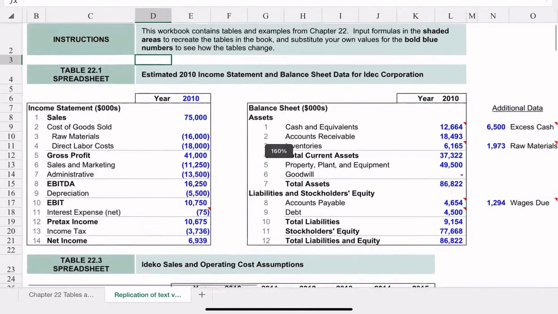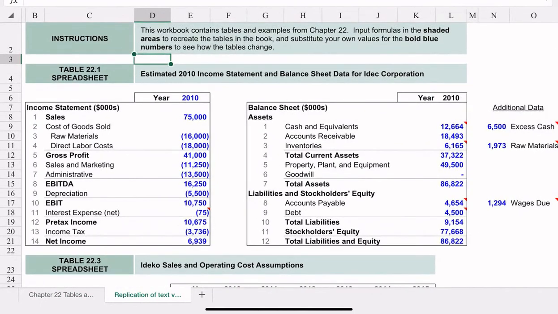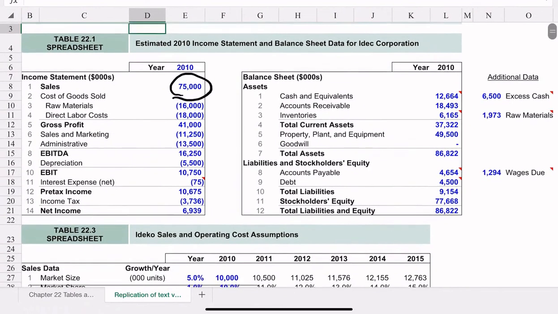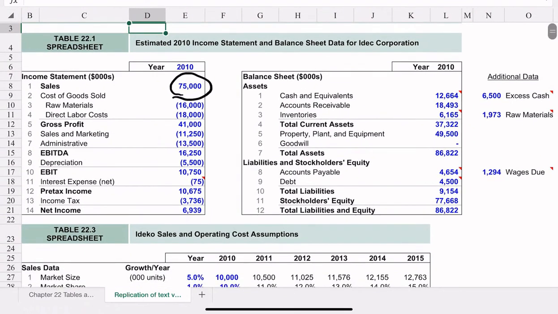You can see that we need two numbers: sales, just given by this number, and then also accounts receivable. This would be a number from the balance sheet. So where's the accounts receivable? Oh, it's here.